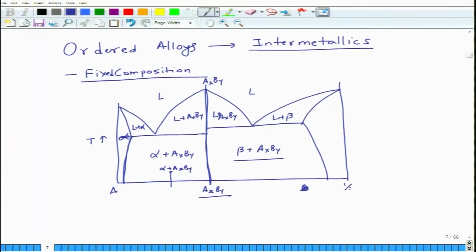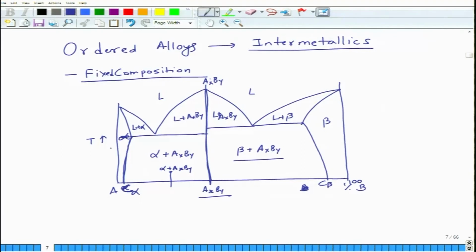So, this will be 100% B, and this is C alpha, this is C beta. Solid solubility of alpha is increasing as you increase the temperature, and solid solubility of beta is increasing towards the left as you increase the temperature.